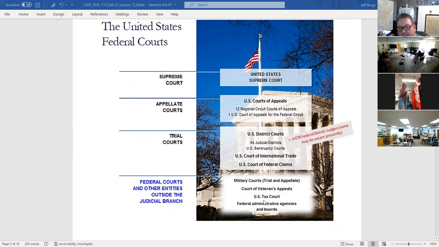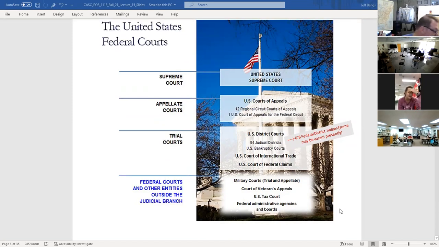Then there is a court of appeals for veterans. There is a U.S. tax court. And then there are federal agencies or boards that people have to appear to, which is similar to a hearing.